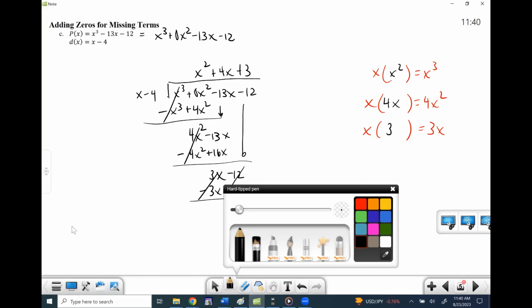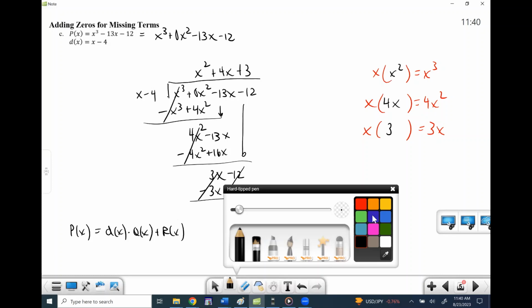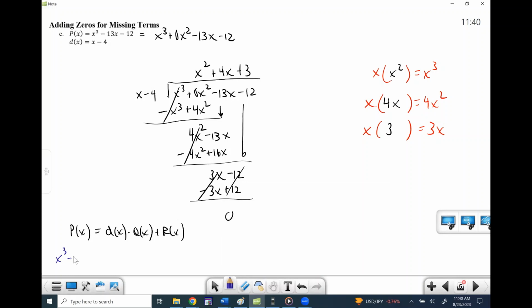So if we were going to write this in the form p of x equals the divisor times the quotient plus the remainder, it would look like this. The divisor is x minus 4.